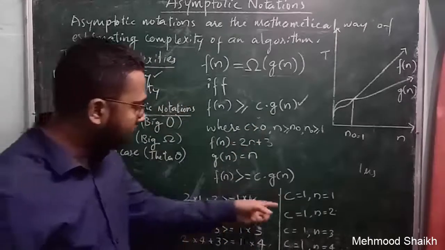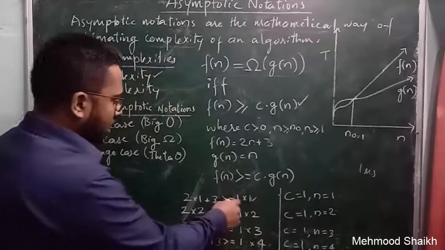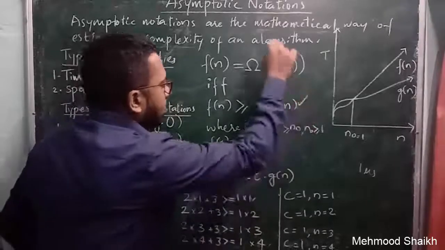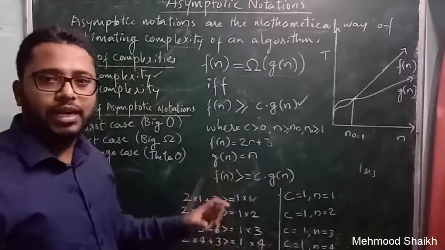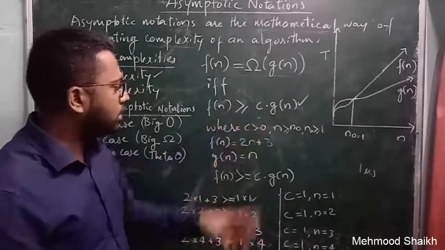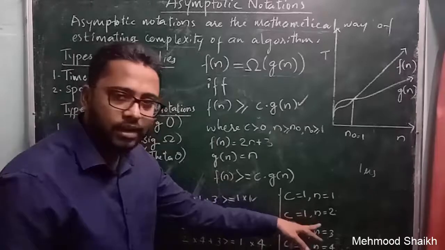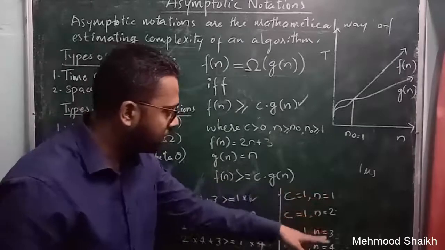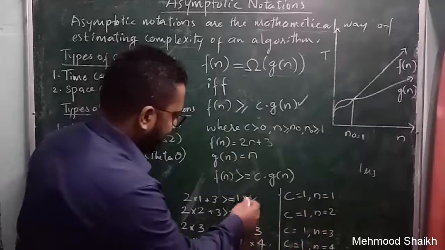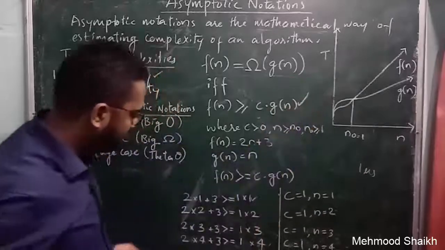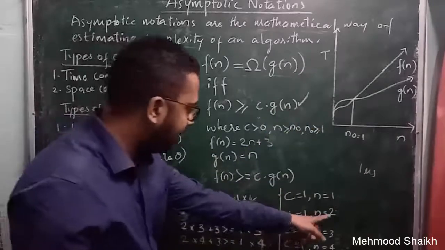So for c equals to 1 and n equals to 1, our function f of n will always be greater than or equal to c dot g of n. Now if I take any value after that for n, even if it is 2, 3, 4, then this condition holds good. I have taken c equals to 1 and n equals to 2.